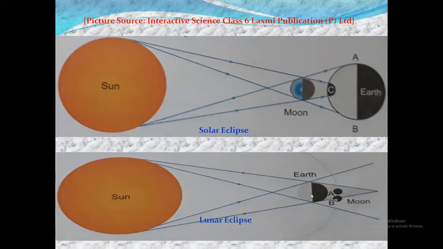That is why the moon will be dark, it will appear gloomy, and this unlighted part of the earth will be like the moon, and this part will be called as umbra, and this slightly less part will be called as penumbra. So these are the two natural examples of shadow formation.